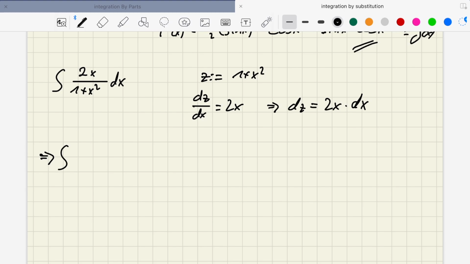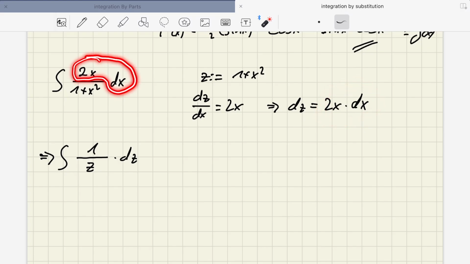So as our new substituted integrand, we have 1 divided by z multiplied by dz. Because, again, dz is equal to 2x times dx. It's this term, 2x times dx. And we substituted 1 plus x squared with z. So this is our new integral.